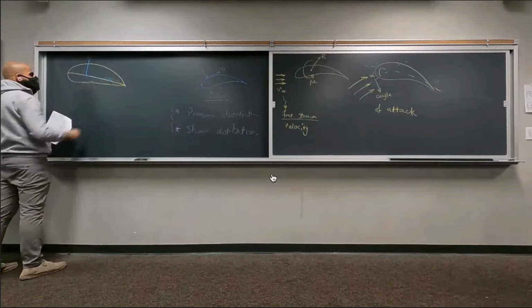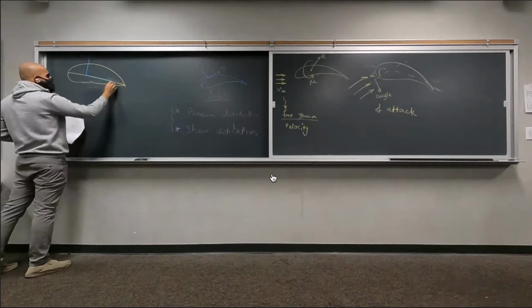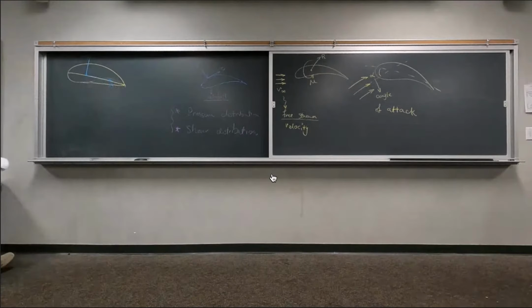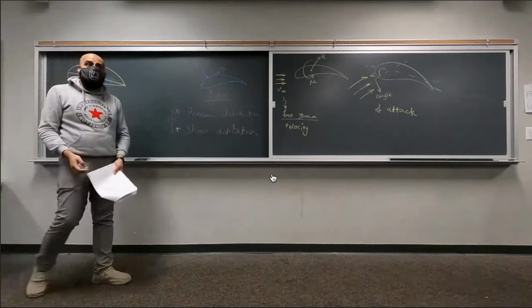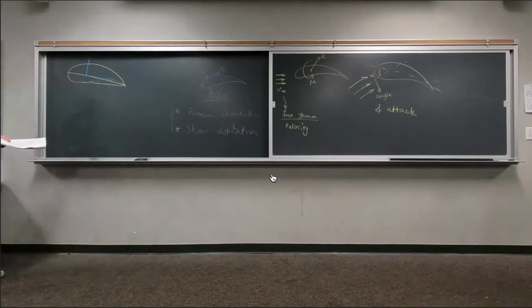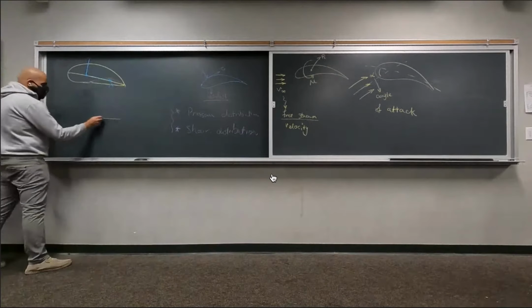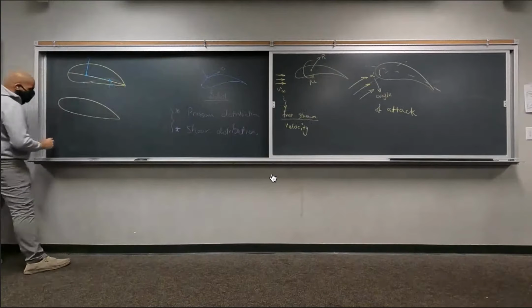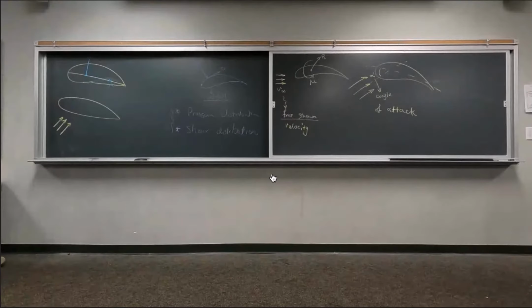Normal projection is going to be called the normal force. Tangential projection of that resultant R force is going to be called axial force, so N and A. But more famous than these normal and axial force are the forces that are normal and tangential to the direction of the flow.